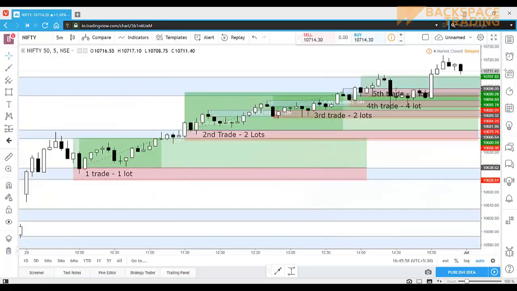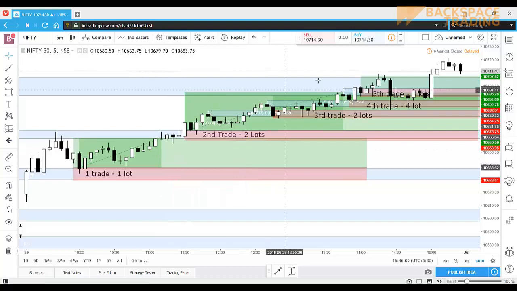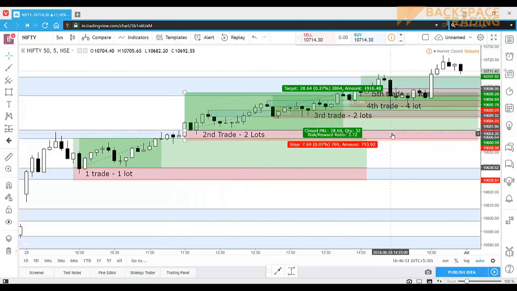It will take time, definitely, say 2-3 years maybe, for the gut factor to come. Or the gut factor will come if you have 50 lakhs in your account and you wouldn't worry about losing 1 lakh.